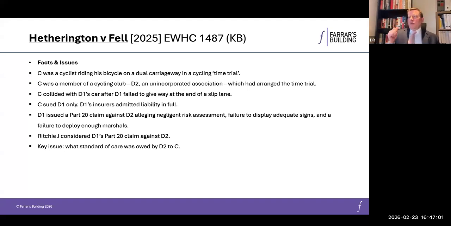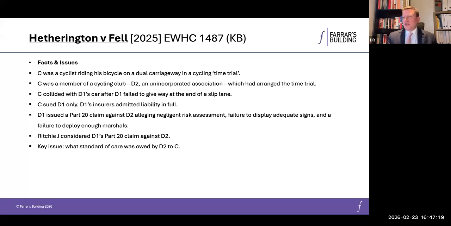Firstly, unsurprisingly, the court concluded that it was just and reasonable to find that the voluntary organisation owed a duty of care to carry out a risk assessment, and the risk assessment in particular to assess the risk of coming into contact with a negligent driver.